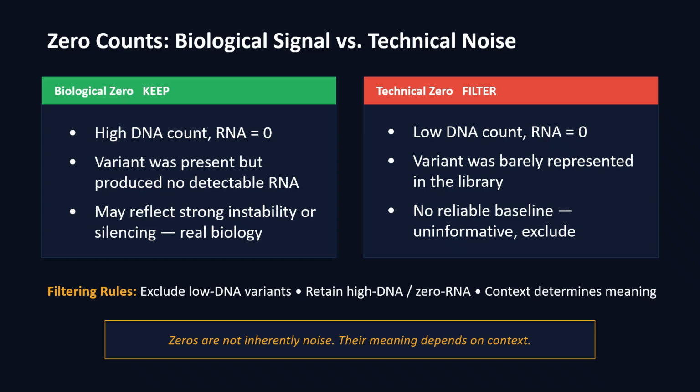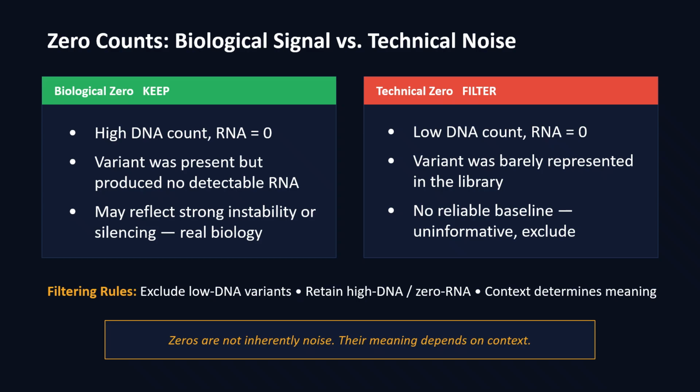On the other hand, if both DNA and RNA counts are near zero, the variant was barely represented in the library. In that case, there is no reliable baseline, and the zero is not exactly informing us anything. So before filtering, we look at the DNA coverage.